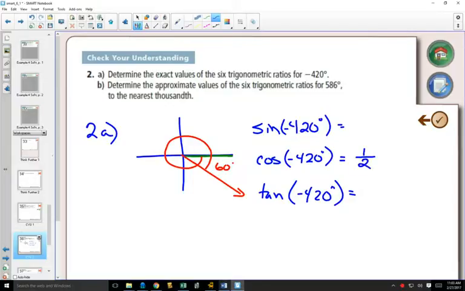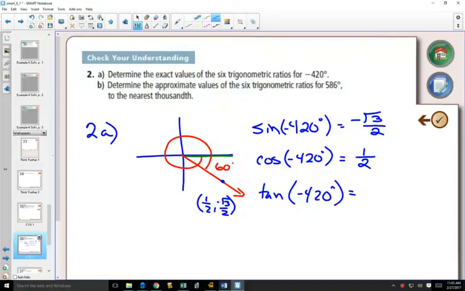Now, if cos is equal to a half, then sine will be root 3 over 2. Again, you can think about your coordinates on your unit circle here. And because it's in quadrant 4, sine's going to be negative.